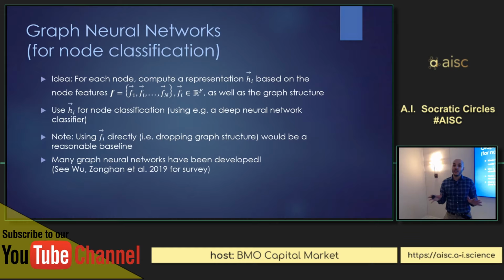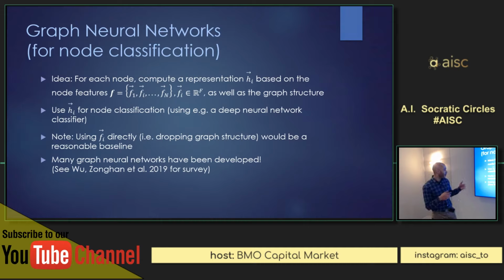Now, as a baseline algorithm to this, you can take the feature vector directly, so you ignore all graph structural information, take the feature vector directly, and try to classify that node. That's a reasonable baseline, and that's used also in the experiments to test the graph attention network paper.